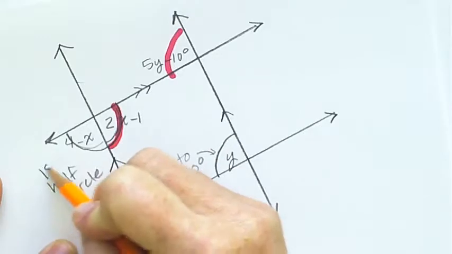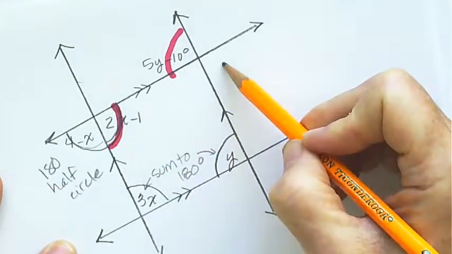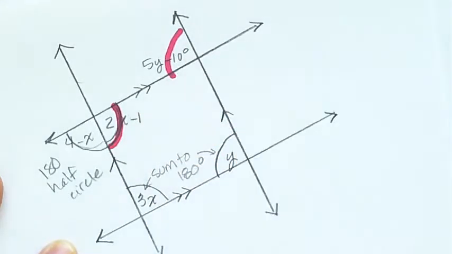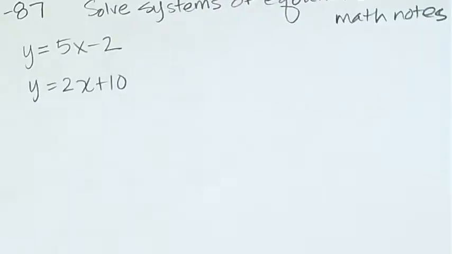So that's 180. And then I think the last one we translated this over here. These were equal to each other. Okay, hopefully those exercises have made you feel mastery of that. It doesn't hurt to go back and do some of those.